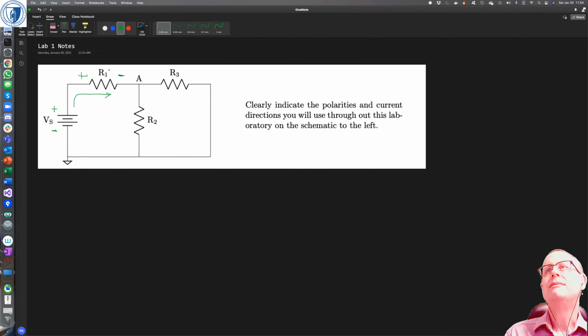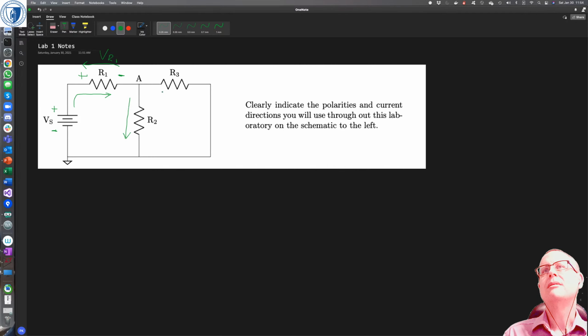So VR1 is measured that way, and that's the voltage across R1.